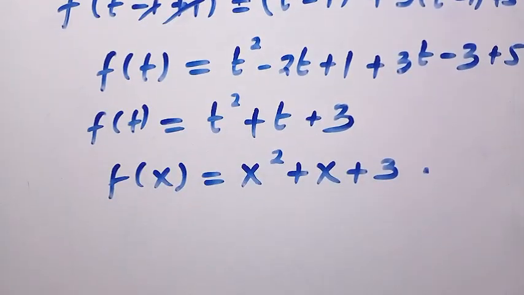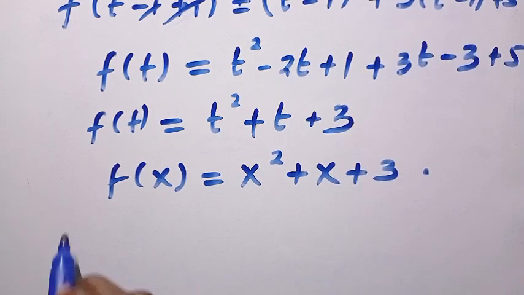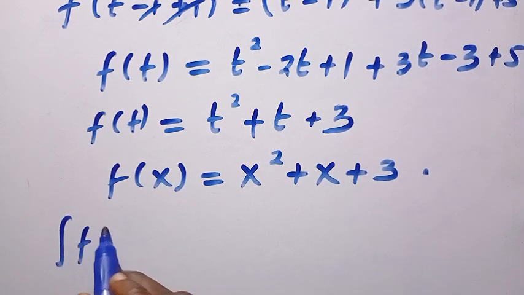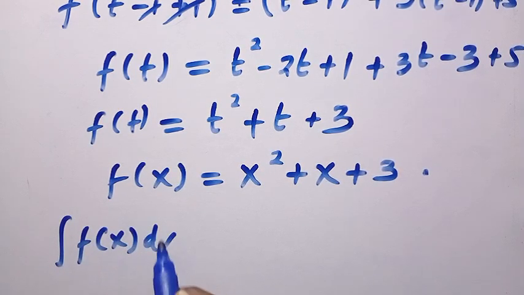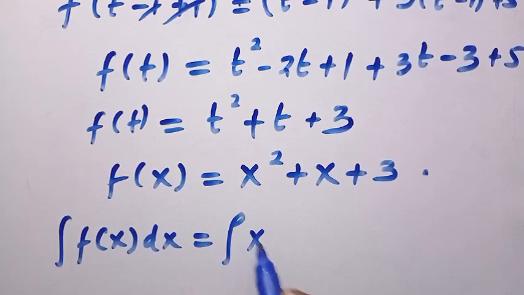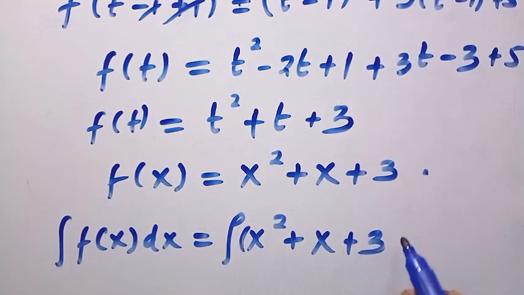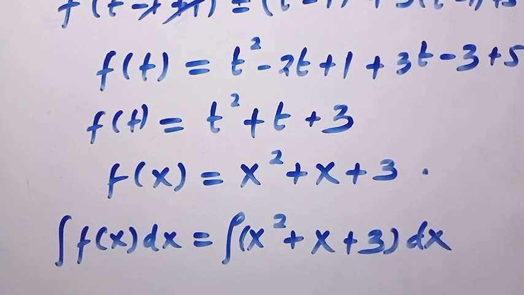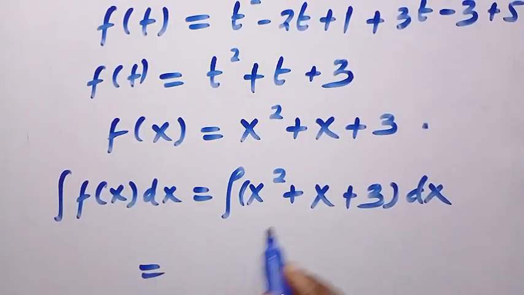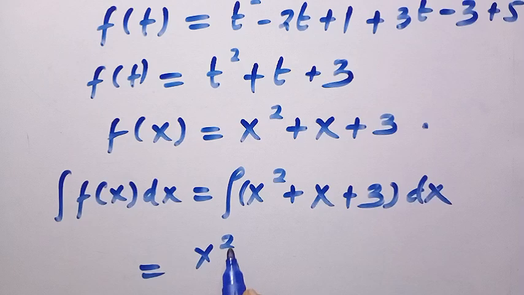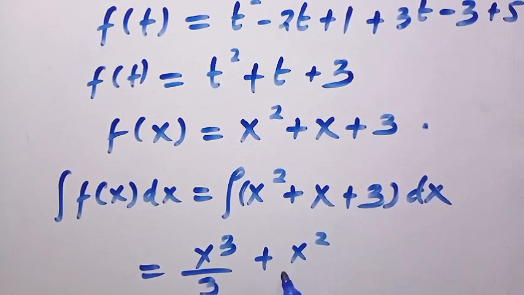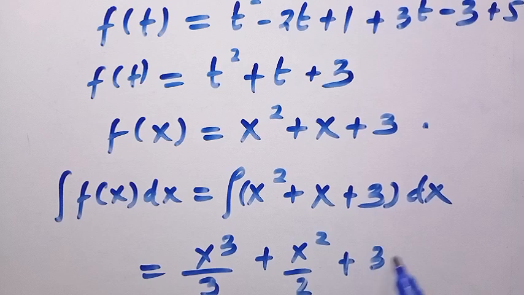And since we need to get the integral of this, we take the integral of f of x dx, which equals the integral of x squared plus x plus 3 dx. When we integrate this, we have x cubed over 3, as we have above, plus x squared over 2 plus 3x and plus c.